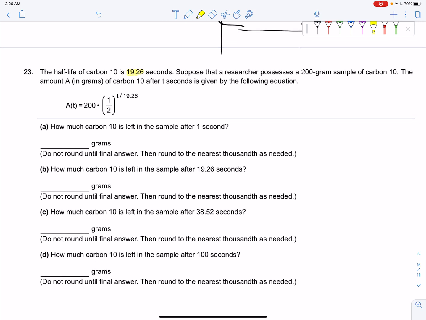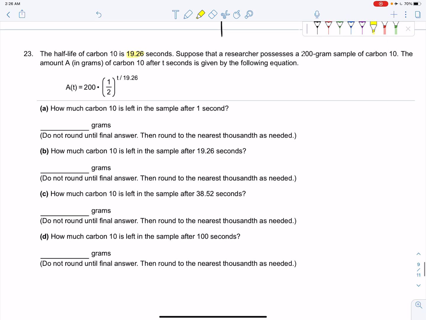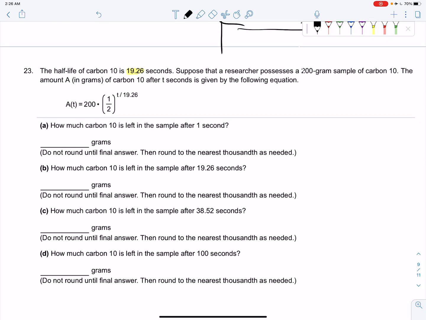So the half-life, part A. Another thing I'd like to say before I start: time t equals 19.26 seconds is a half-life. Look at the exponent. It has 19.26 on the bottom.